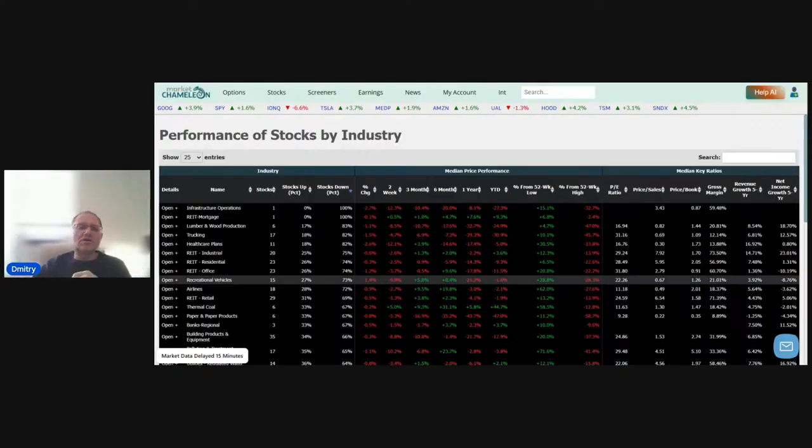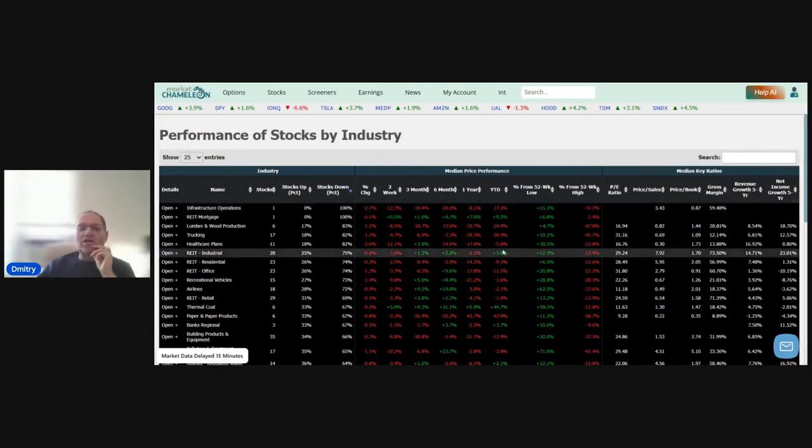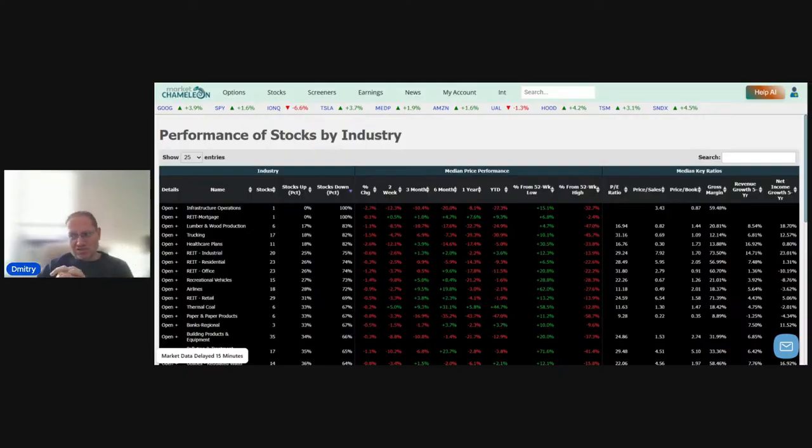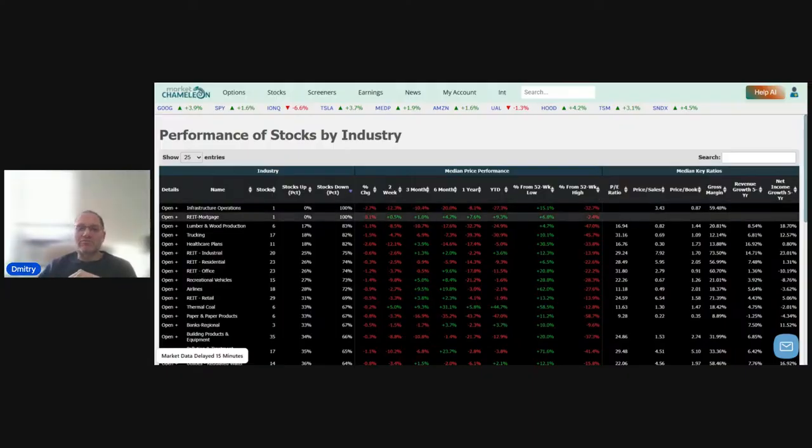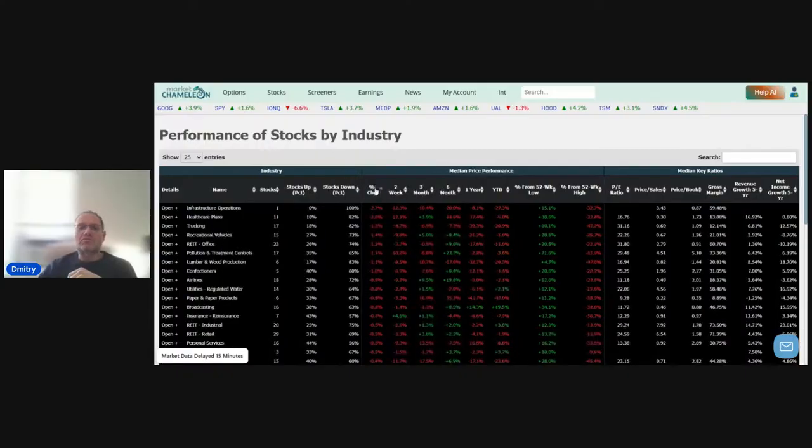So if we go from left to right, you could see here this is tracking the median performance of the stocks in that industry. So it's taking the move where half of the stocks are above. This performance had to be low. So let's just sort this from high to low.